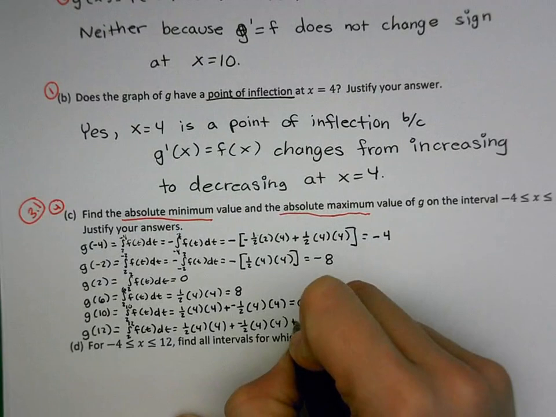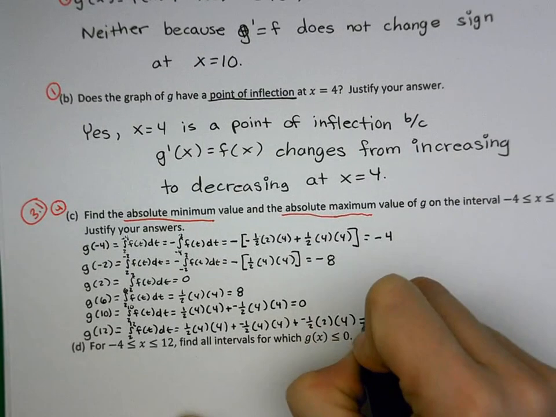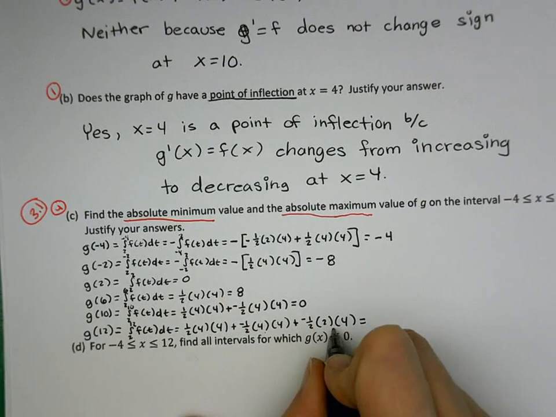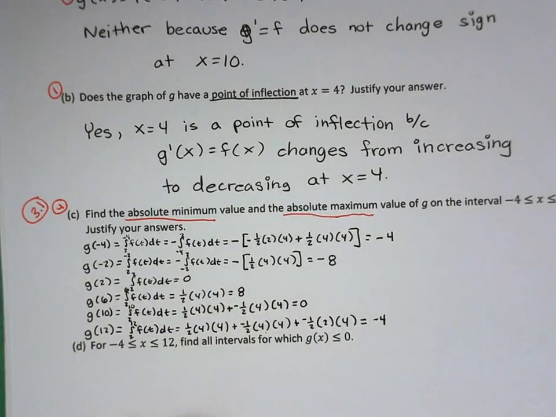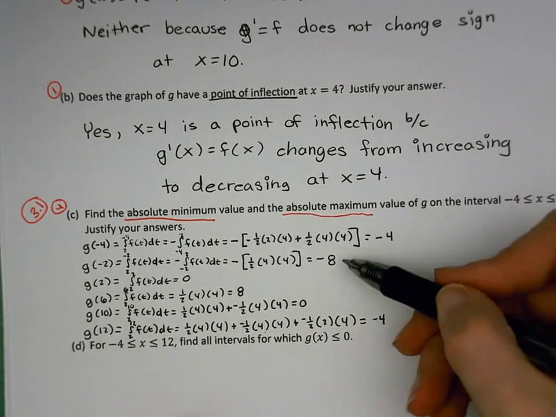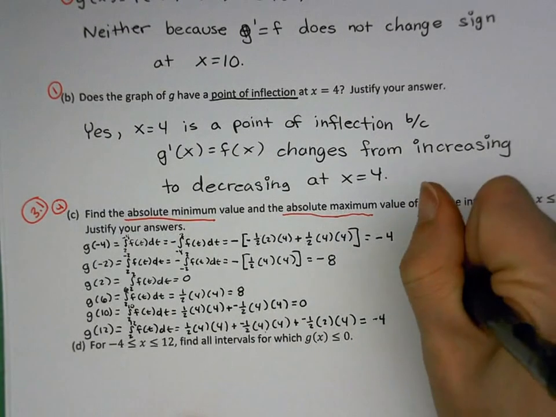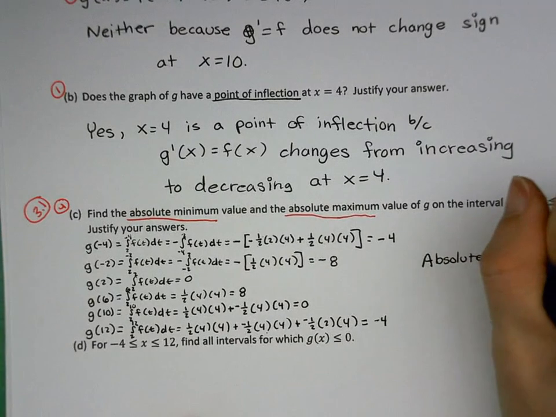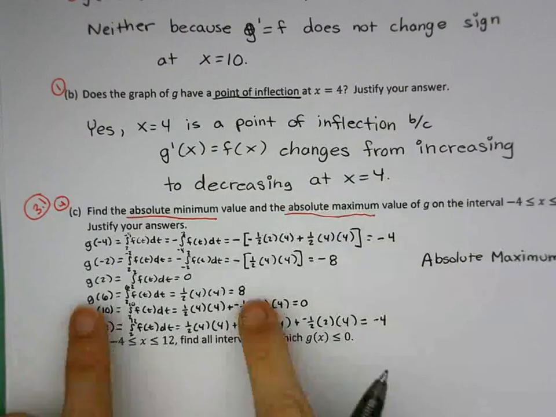So this would simplify to 8 plus negative 8 plus negative 4, which is negative 4. Okay? And so then of your values here, negative 4, negative 8, 0, 8, 0, and negative 4, my absolute maximum is 8 in this particular case, my g of 6.